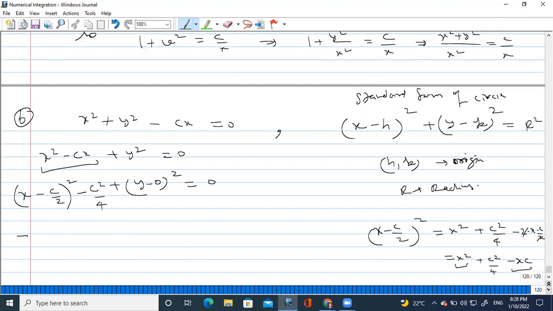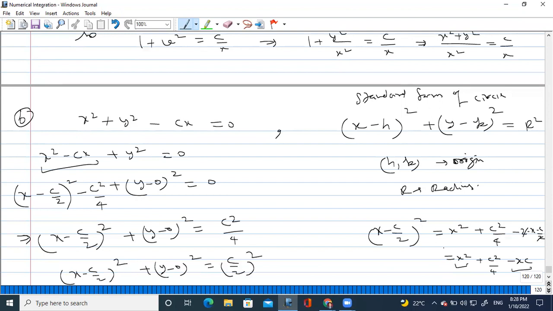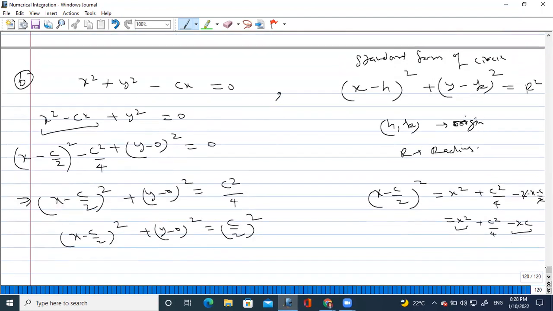So now it will become x minus c by 2 whole square plus y minus 0 whole square equal to c square by 4. And this c square by 4 I can write as c by 2 whole square. So the equation has become x minus c by 2 whole square plus y minus 0 whole square equals c by 2 whole square. So now compare it with the standard format of a circle.